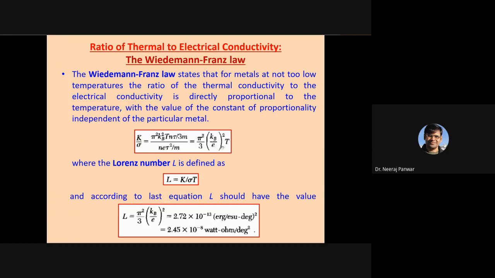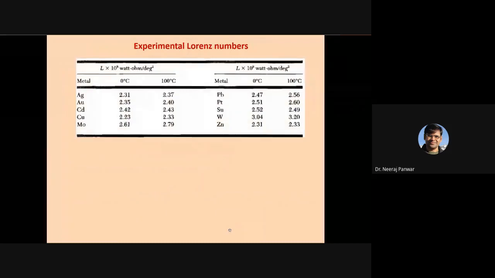This whole constant is known as the Lorentz number, denoted by L. Its value comes out to be 2.72 × 10⁻¹³ erg esu per degree squared, or 2.45 × 10⁻⁸ watt ohm per degree squared.